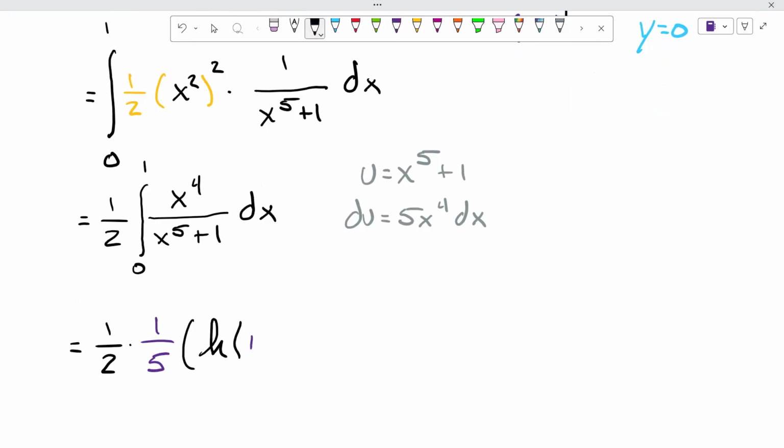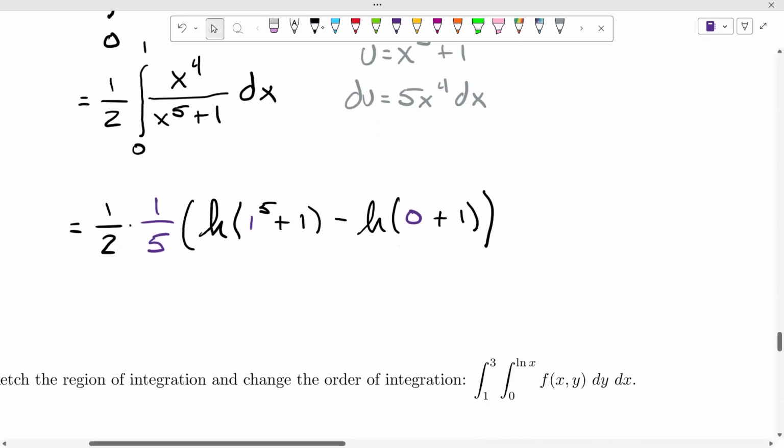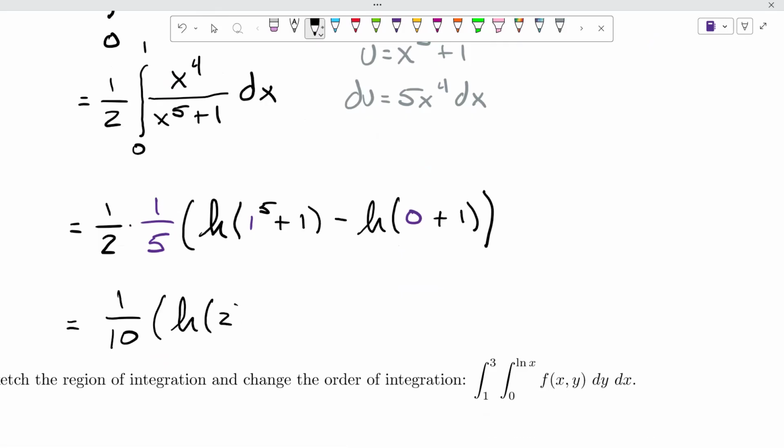So 1 to the fifth power plus 1, minus the natural log of 0 plus 1. And then that cleans up just a little bit. 1/10 natural log 2 minus 1.